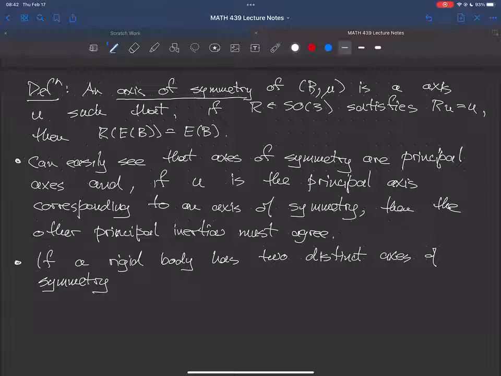They don't generate the same one-dimensional subspace. Okay, so if a rigid body has two distinct axes of symmetry, then, well, what conclusion must you be able to draw in this case?